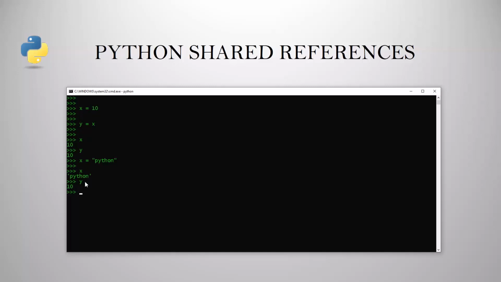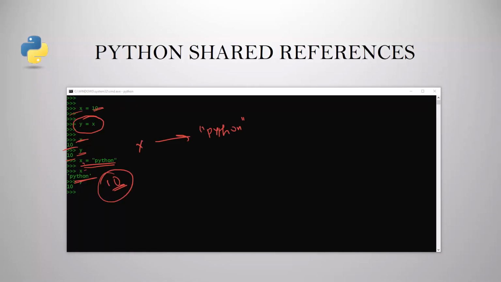So what could be the reason behind this? When we changed x to Python, x became Python, but y is still 10. The reason is that when we assign Python to variable x, it references a new object.